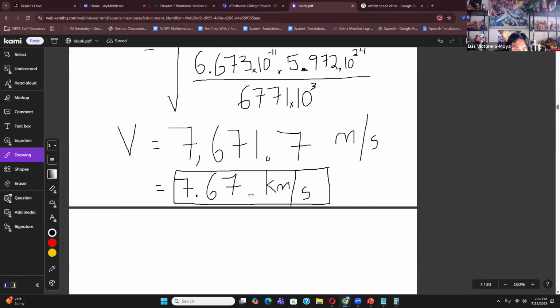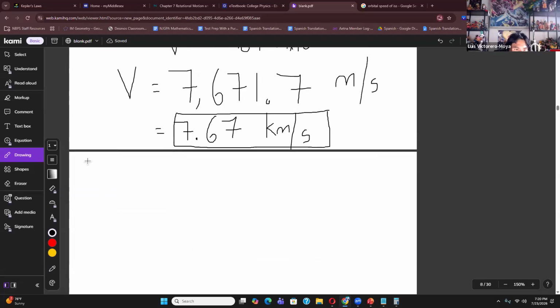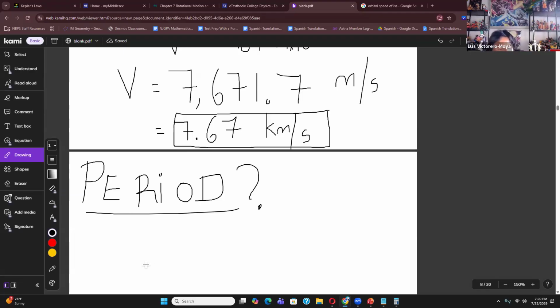Now, that's just the orbital velocity. What about the period? Who remembers what's the period of an orbit? What is the definition of period?